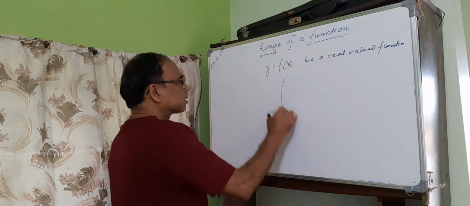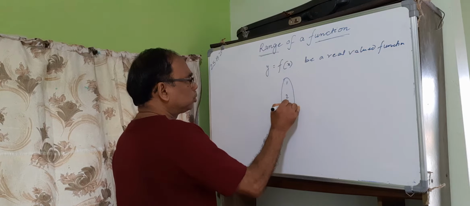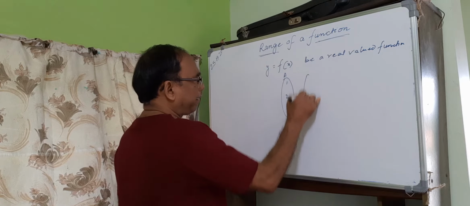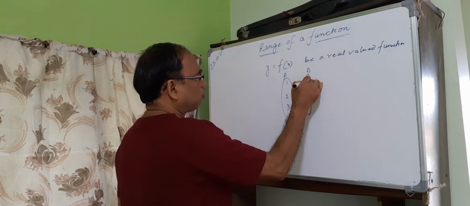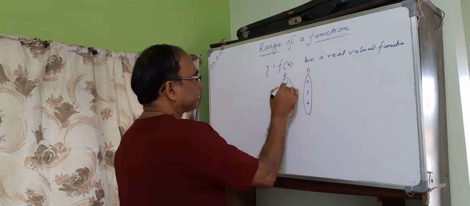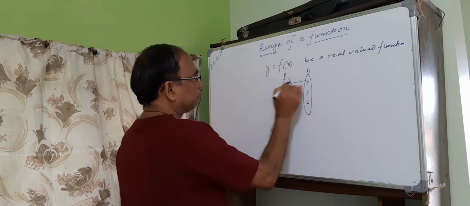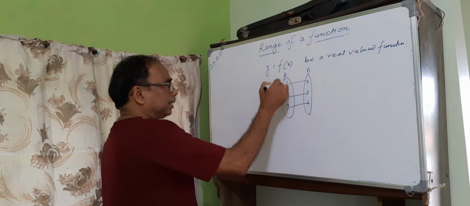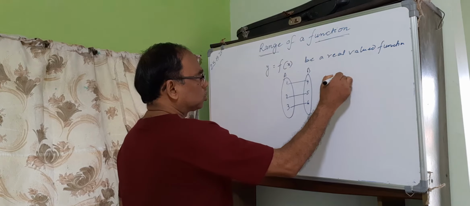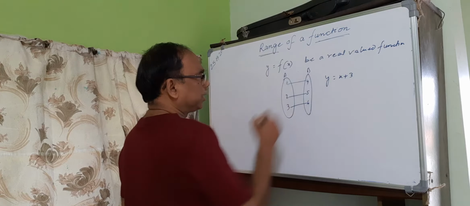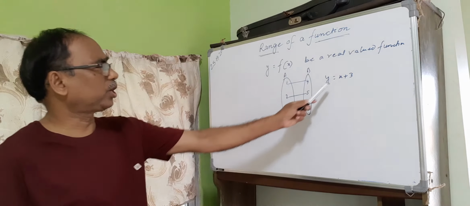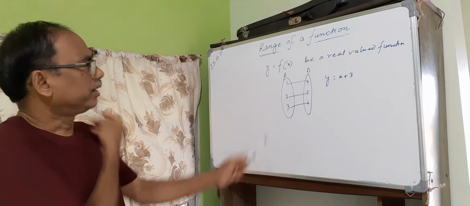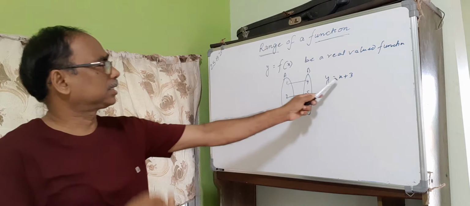We know, suppose A is the set {1, 2, 3} and B is the set {4, 5, 6}. Y equals x plus 3 is a function for different values of x.